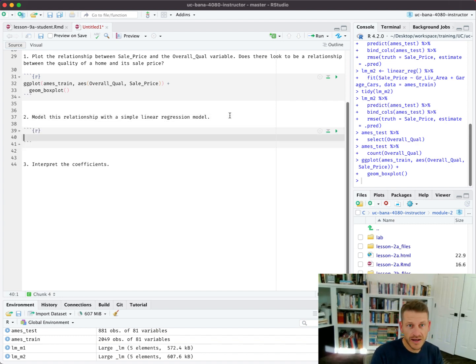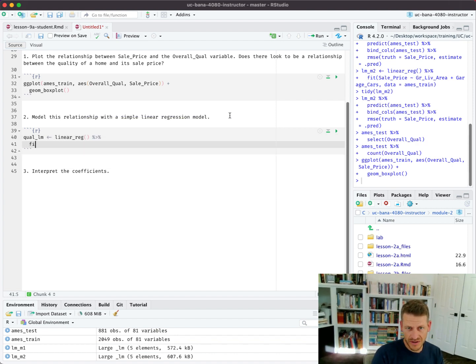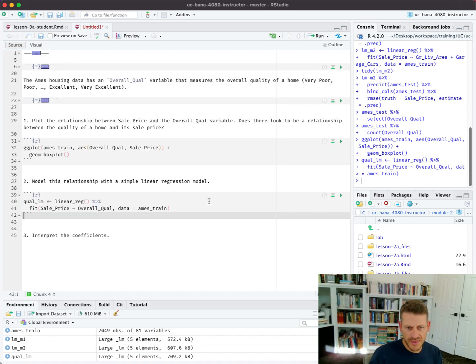So let's create a quality model. I do linear regression. I'm going to fit my model that is sale price as a function of overall qual, and I'm going to use my Ames training data. I can run that.